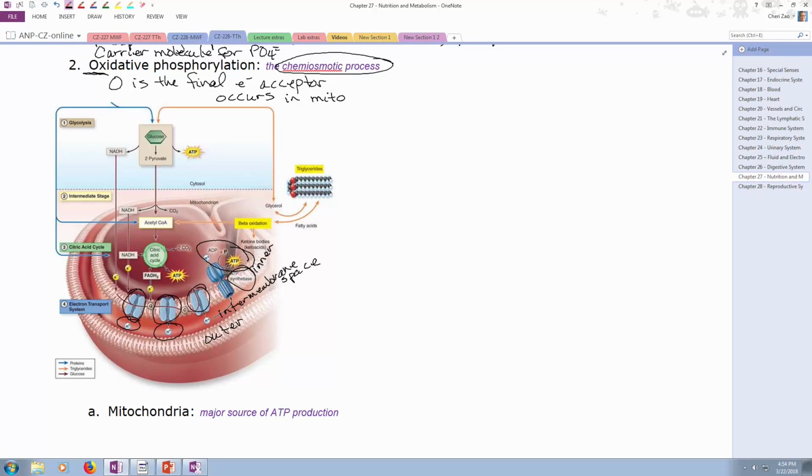This process will take electrons, because remember I just talked about hydrogen and protons? We are going to use NAD and FAD, those molecules, to carry hydrogen ions, protons and electrons.